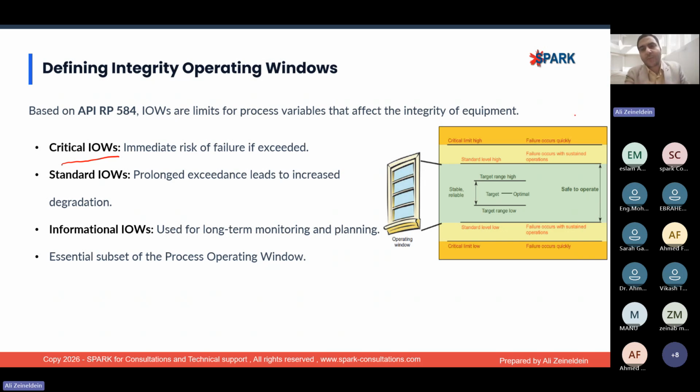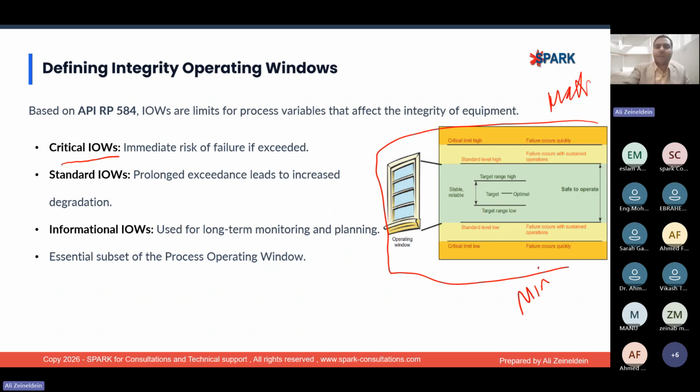As we can see on the right side, it is considered as the minimum and maximum boundary for a process parameter, for example temperature, pressure, flow rate, and so on.